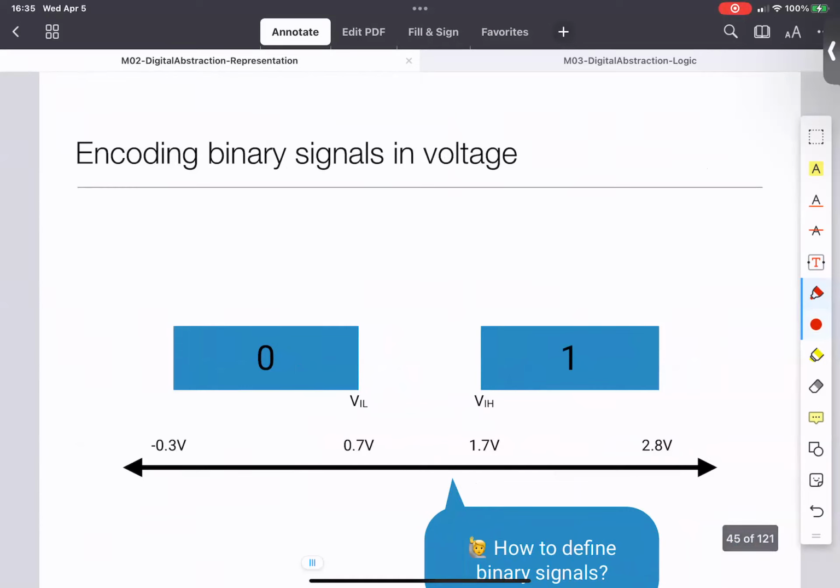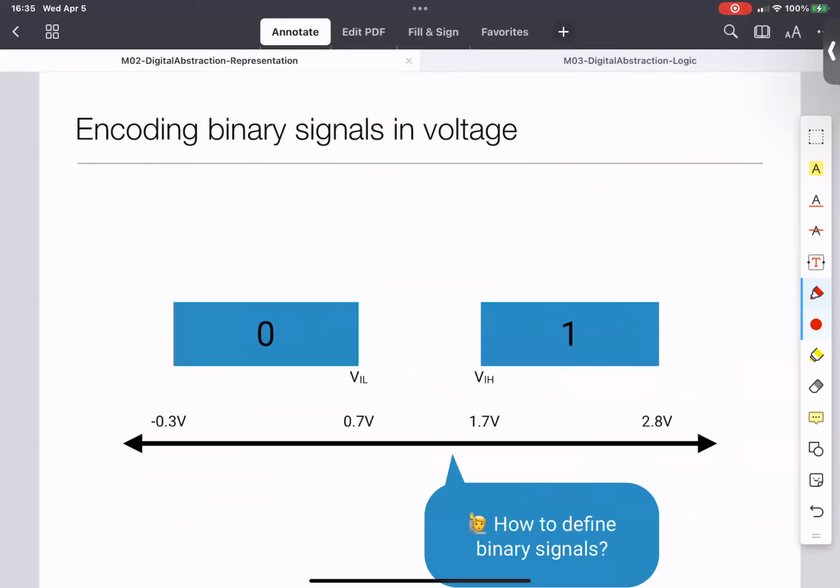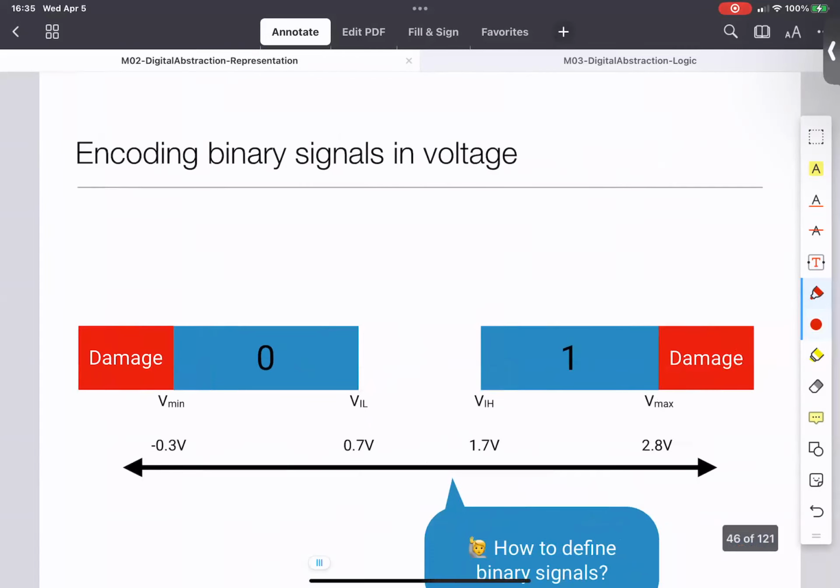We define this span for 0 and 1 with a gap in the middle, which is designed to give me robustness. It's often referred to as a noise margin. It's basically saying I can tolerate that much perturbation in this process.